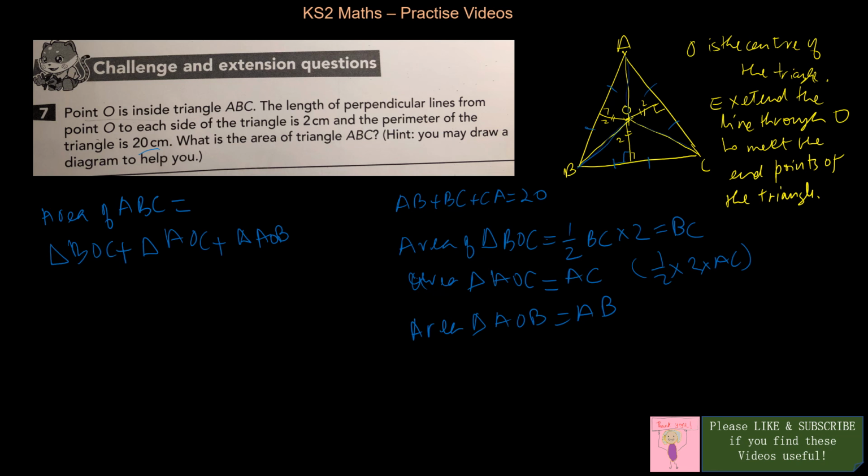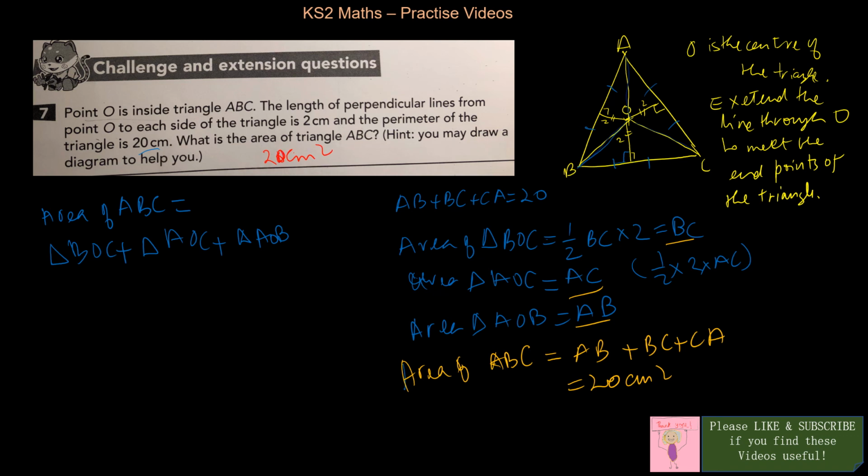So the area of ABC equals AB plus BC plus CA, that is 20 centimeters squared. So the answer is 20 centimeters squared.